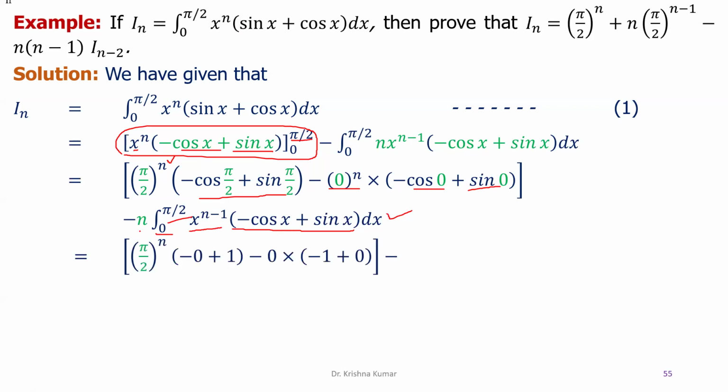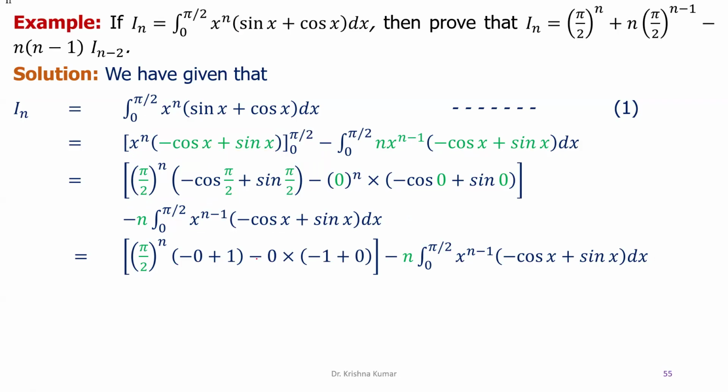Let us again simplify the first part. It is (pi by 2) to the power n, minus cos pi by 2 is 0, sin pi by 2 is 1. Again 0 to the power n is 0, minus cos 0 is minus 1, and sin 0 is 0. Then minus n times the integration of x to the power n minus 1 in bracket minus cos x plus sin x with respect to x under the limit 0 to pi by 2.